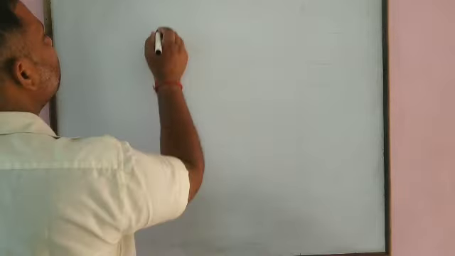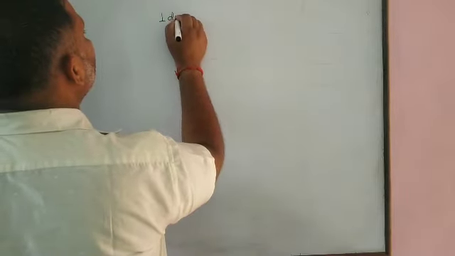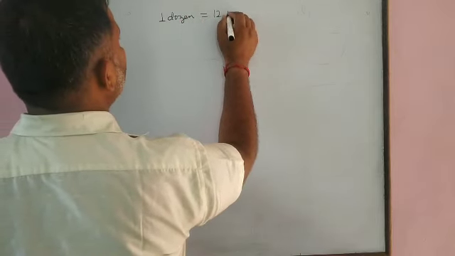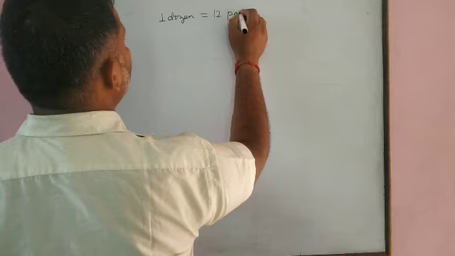We know atoms and molecules are a small quantity, and in order to handle them, we have to use a quantity of such larger magnitude which we can observe, which we can know. As we know, 1 dozen is equal to 12 pieces, 12 particles.